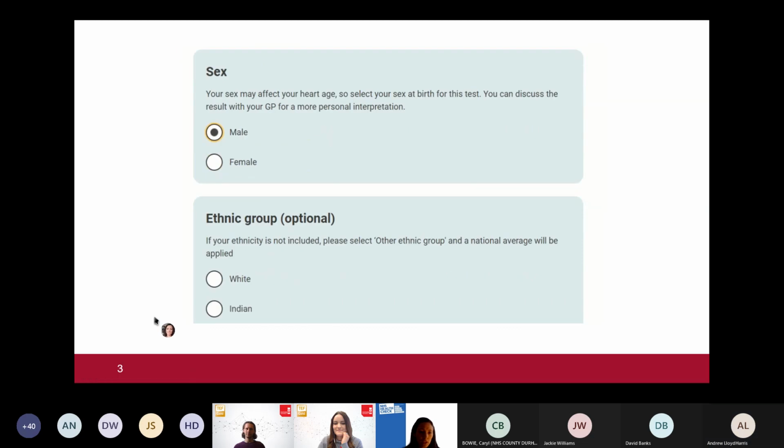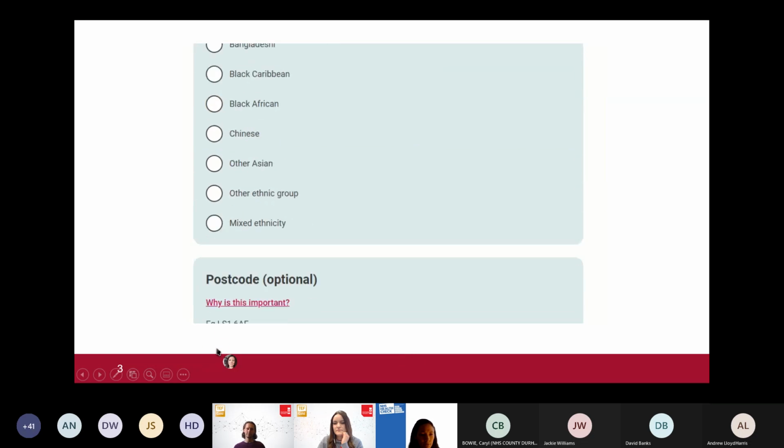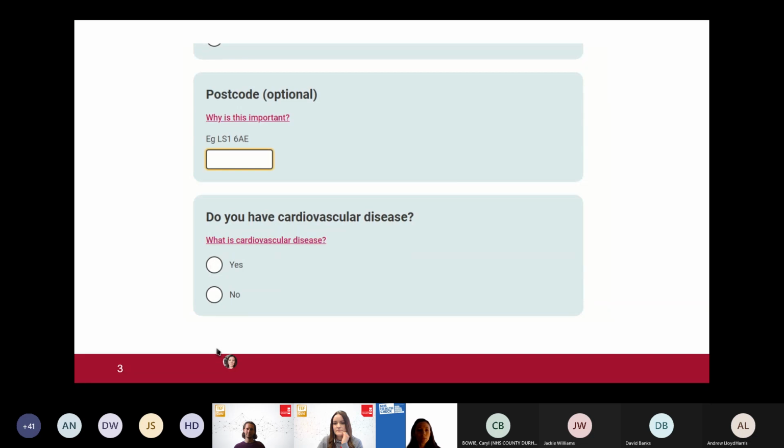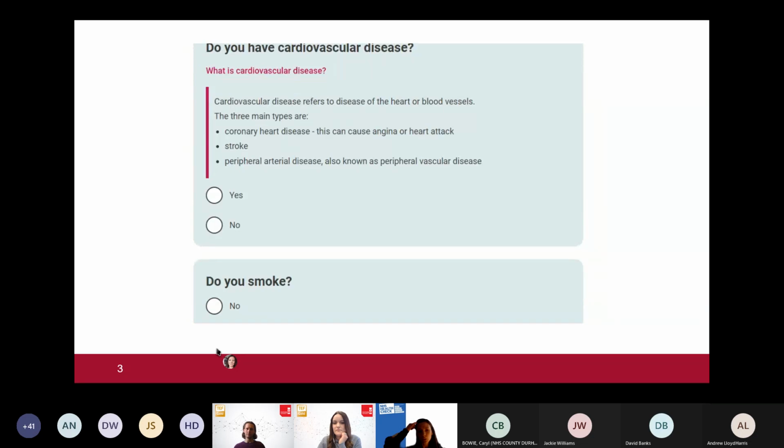Sorry about that. So there's the age, date of birth, sex at birth, ethnic group, postcode, and do you have cardiovascular disease? You'll see in pink there that there are hyperlinks which pull down to give the user some more information if they need to understand what's being asked of them.